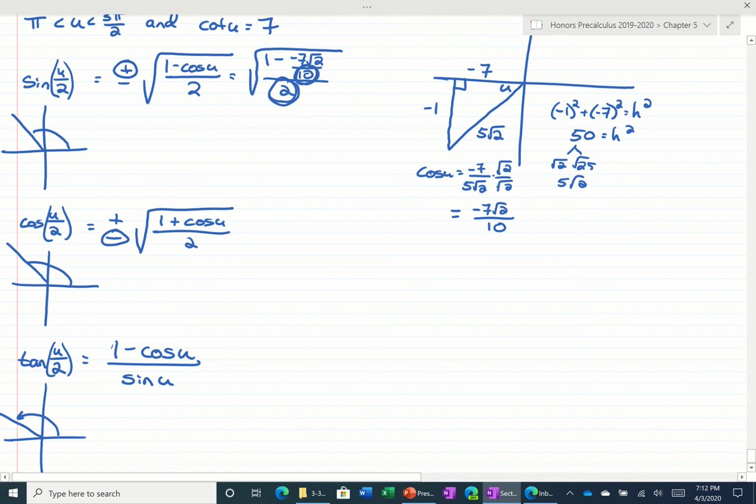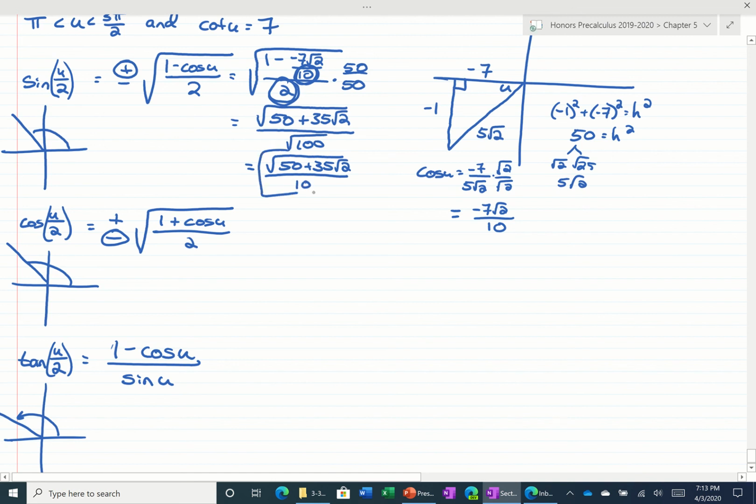And if I also multiplied the top by a certain number to get rid of the fractions, it would make my arithmetic easier. It takes a little bit of practice to do this, but if we multiply by 50 over 50, what this is going to give us on top is 50 plus 35 root 2 all over the square root of 100, which reduces to just be the square root of 50 plus 35 root 2 all over 10.